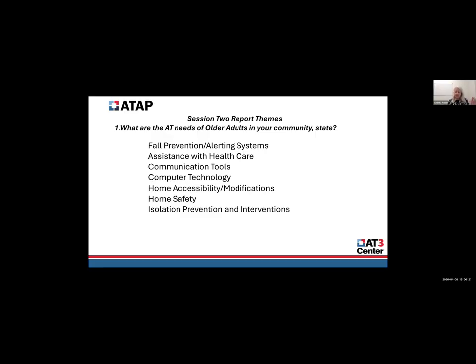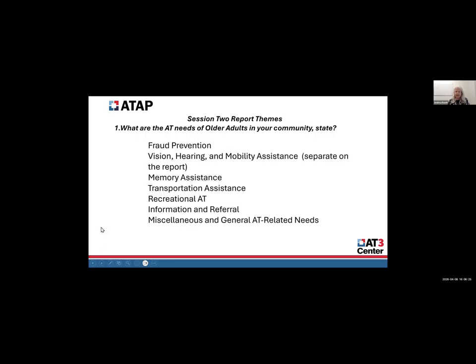Fraud. If you'll go on, Ryan, to the next slide, this is a continuation of answers to themes for question number one. Lots of awareness is needed around fraud prevention, security and privacy needs, and how to safely use the tools that people have access to.